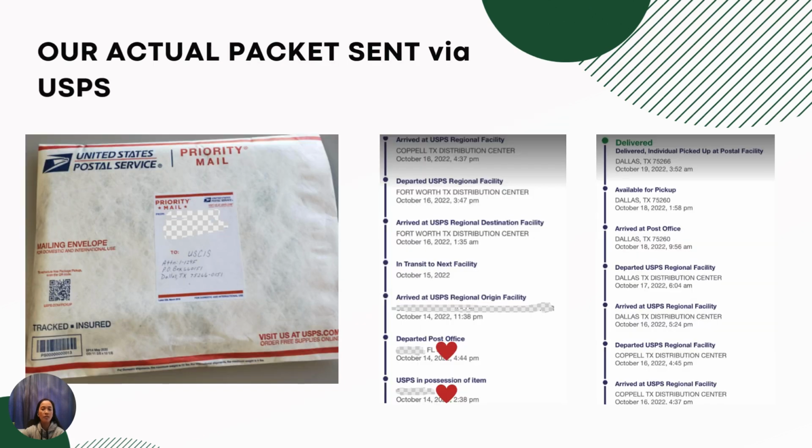I'm going to share with you guys our actual packet sent via USPS. When we filed, we used priority mail so that we could have a tracking number. We can track the movement of our packet until it was delivered to the correct PO Box address in Dallas.